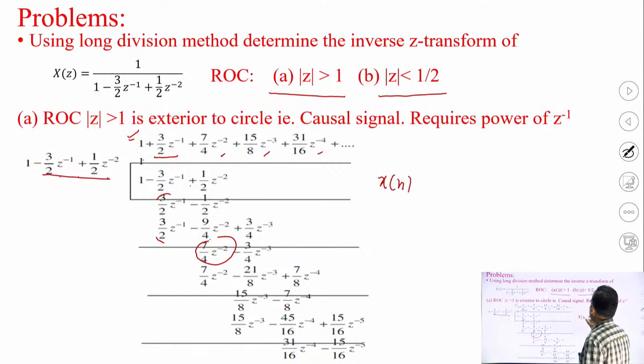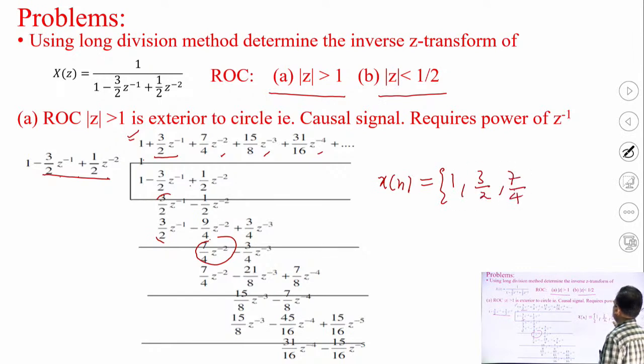The answer is directly the coefficients of the powers of z. So the first value is 1, then 3/2, then 7/4, then 15/8, then 31/16, and so on up to n. So these are the values.